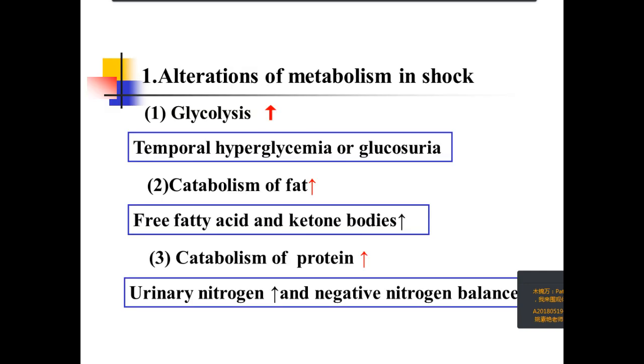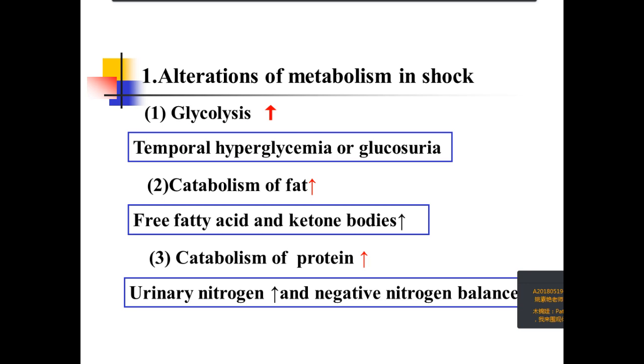First, during the shock, does glycolysis increase or decrease? Hypoxia, so glycolysis increases and lactic acid production increases, and which type of acid-base imbalance happens? Metabolic acidosis with high AG, because lactic acid increases.